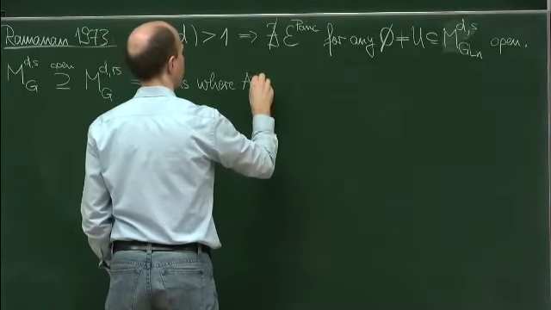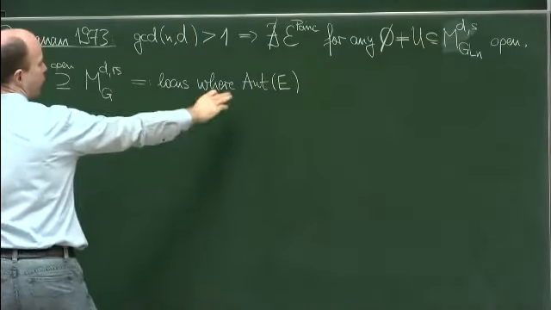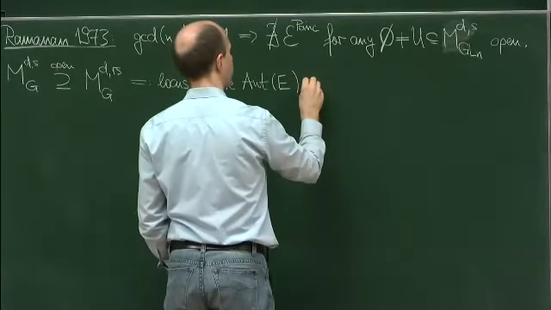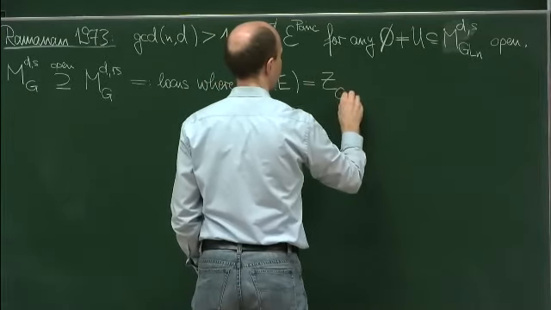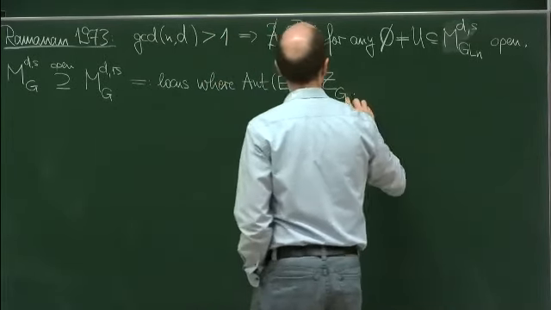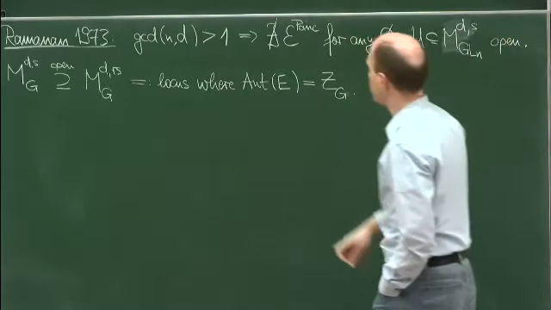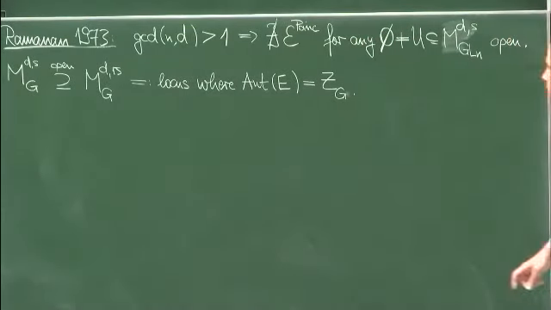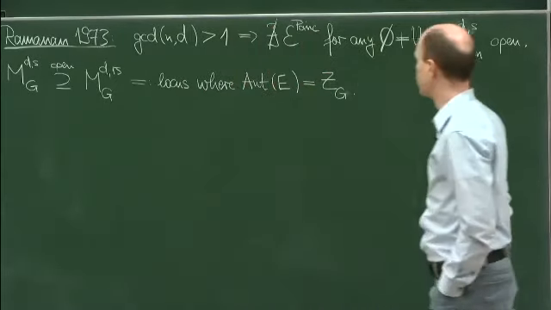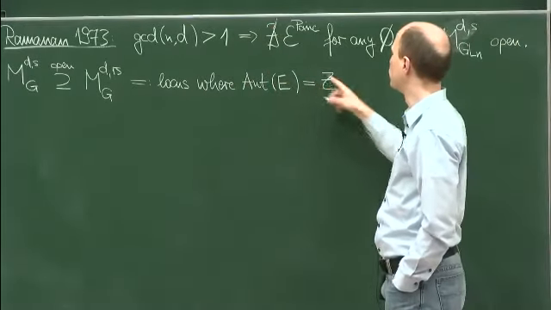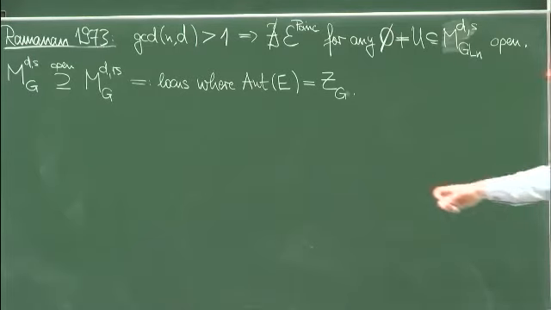Namely, the locus of those principal bundles whose group scheme of global automorphisms over the curve is the smallest possible, namely the center of G. So the elements of the center of G will always act as automorphisms on any principal bundle, and there is an open locus where there are no other automorphisms, and in fact the automorphism group scheme is not much bigger. These are called regularly stable.